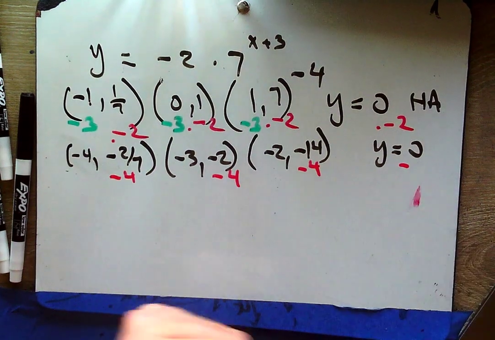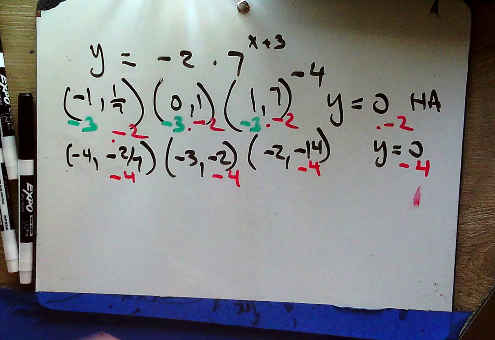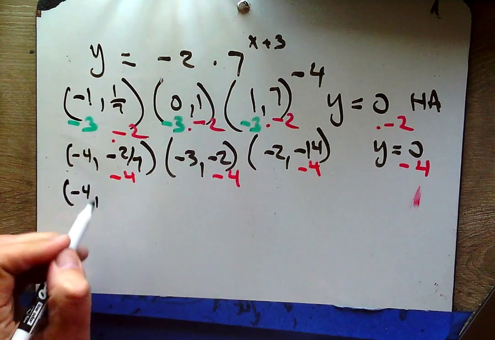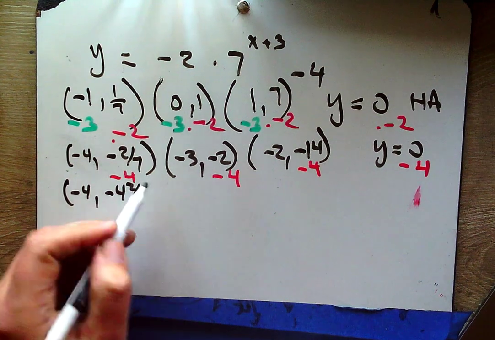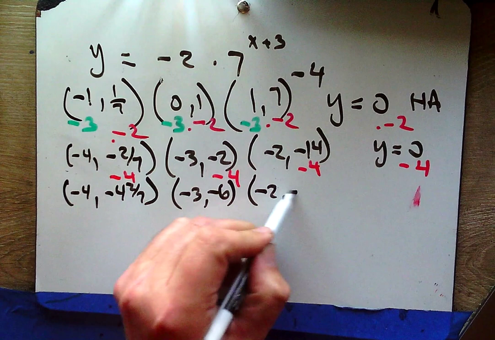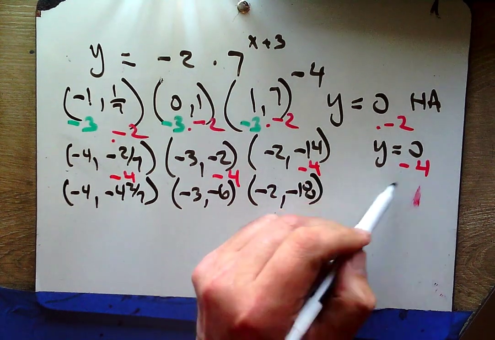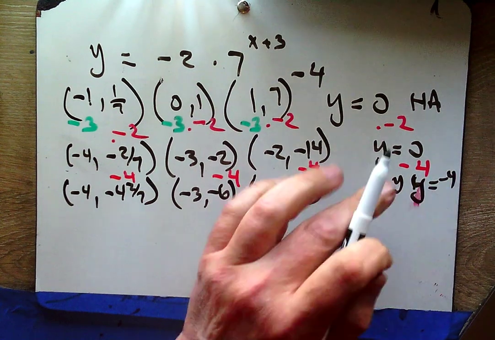There we go. So what am I going to be left with? -4, -4 and 2 sevenths, -3, -6, -2, -18. And over here our horizontal asymptote is at y equals -4.